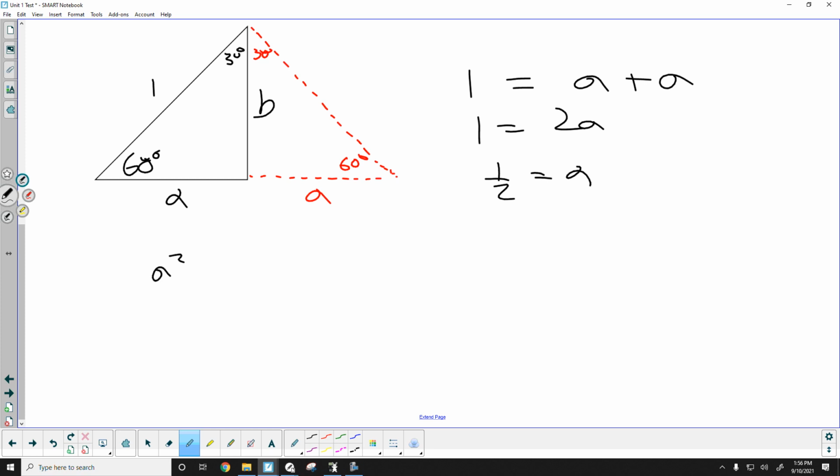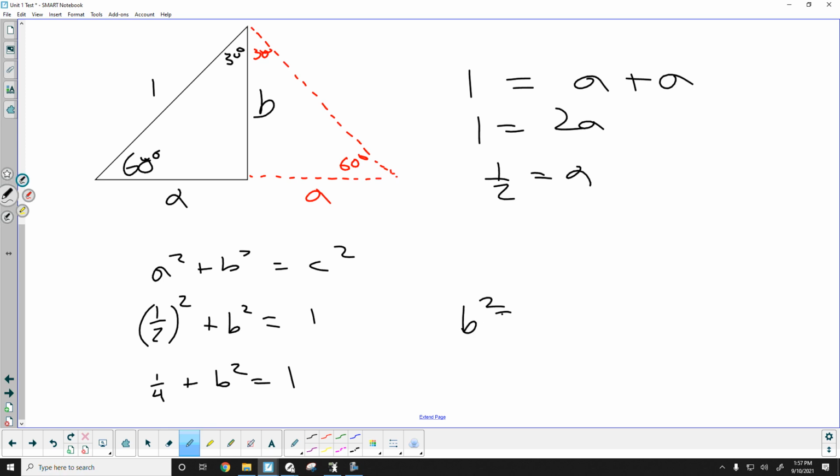A squared plus B squared equals C squared. But we already know A is a half. We don't know B. We already know C is 1. Cool? 1/2 squared is 1/4. Subtract a fourth. B squared is equal to 3/4. Square root. B is equal to the square root of 3/4. But I'm going to simplify that to square root of 3 over 2.